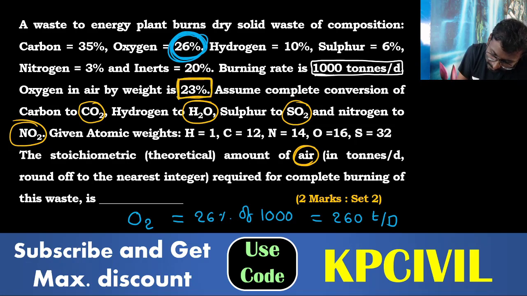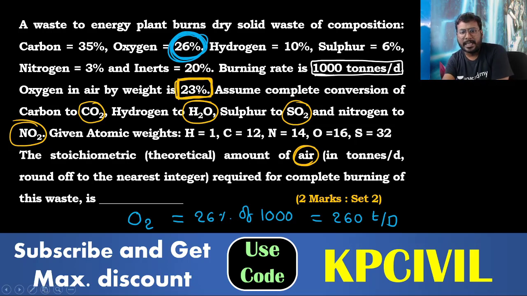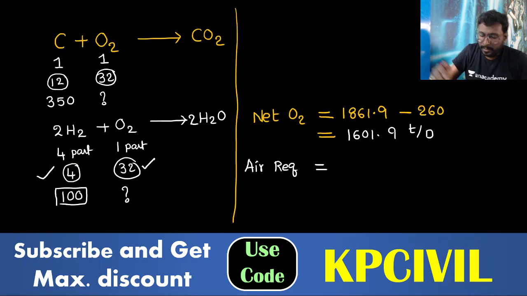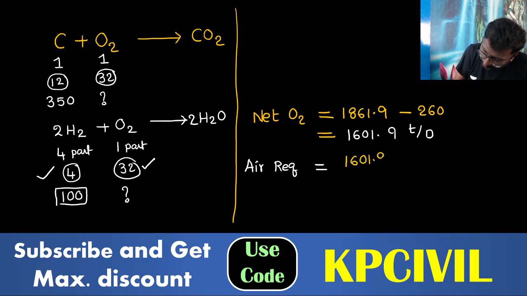Available oxygen by weight is 23%. It means if you give 100 kg air, that 100 kg air will give 23 kg oxygen only. So you will take 1601.9 by 0.23.